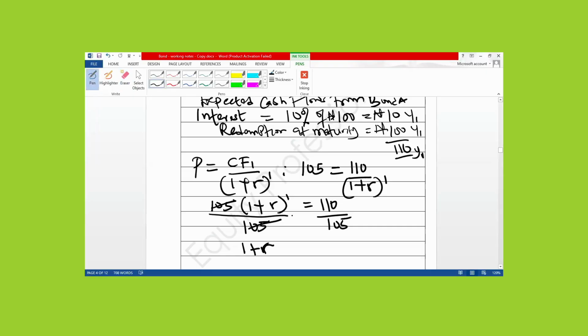Under the law of indices, any number raised to power 1 is equal to that number, so you can disregard the 1. 110 divided by 105.